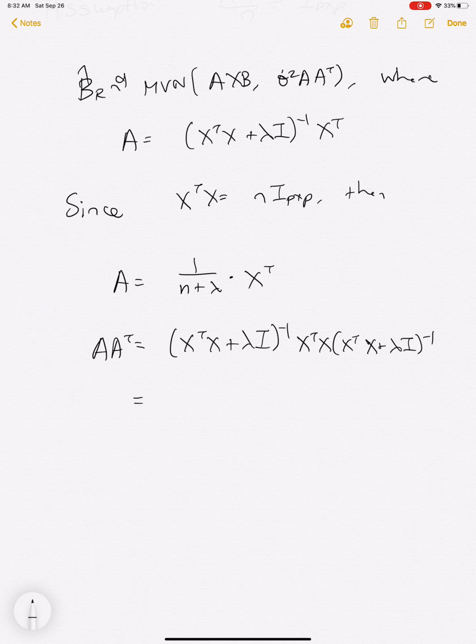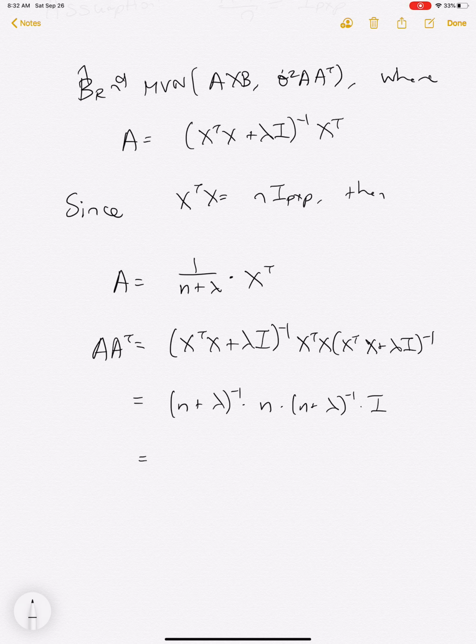As you can see, you're just going to get N plus lambda inverse, then times N times N plus lambda inverse, and then all times the identity.